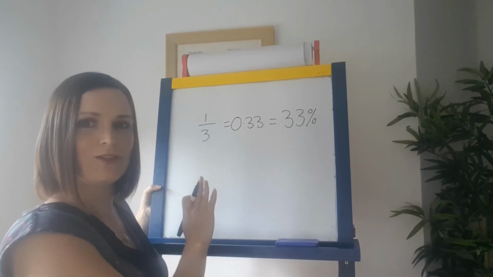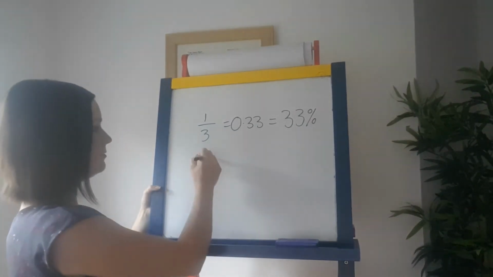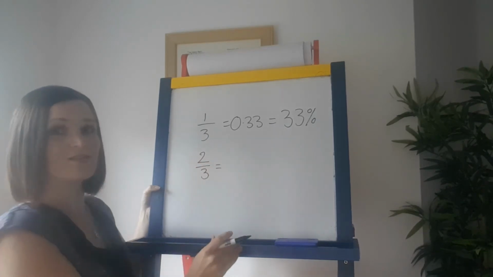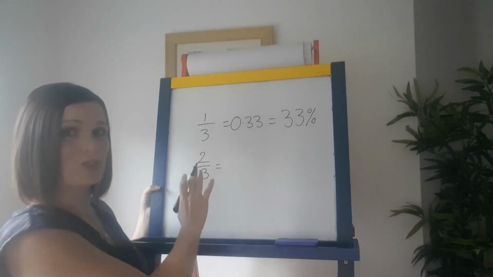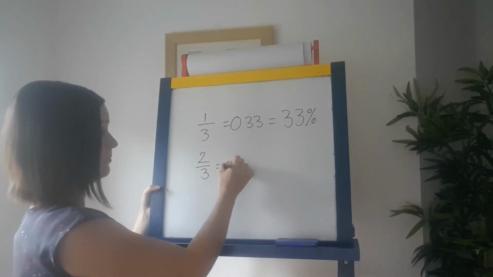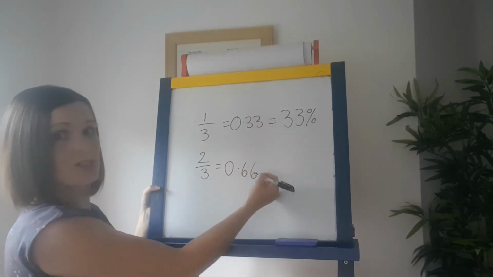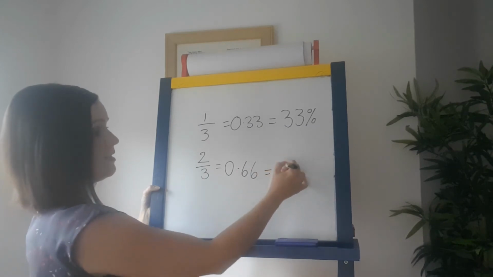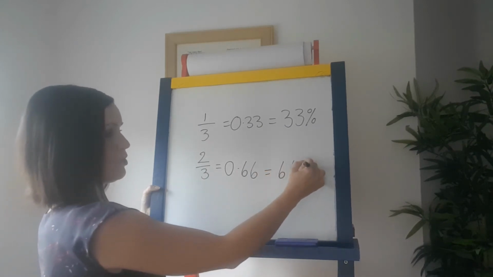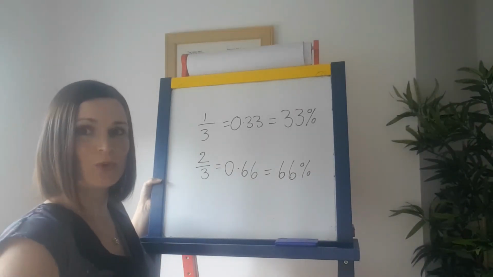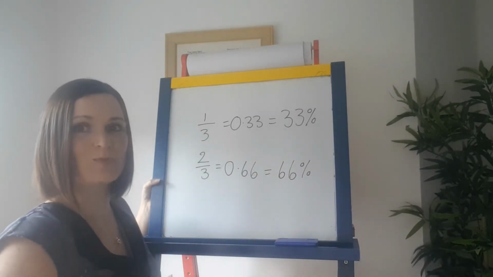So if 1/3 is 33%, then 2/3, it's all just doubled. It's 2 of everything we have up here. It's 0.66. 2 33s are 66. So it's 66%. Again, it's not exact, but it's as close as you're going to get when you're converting thirds to percentages.